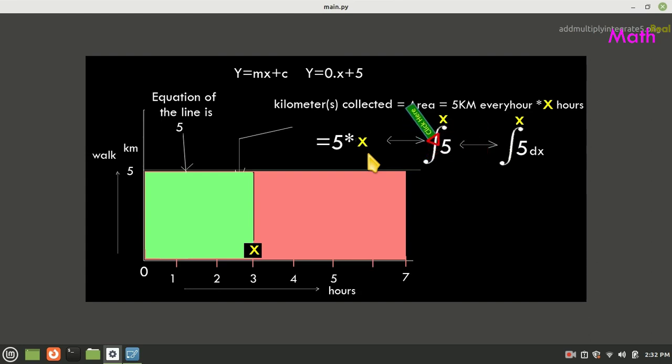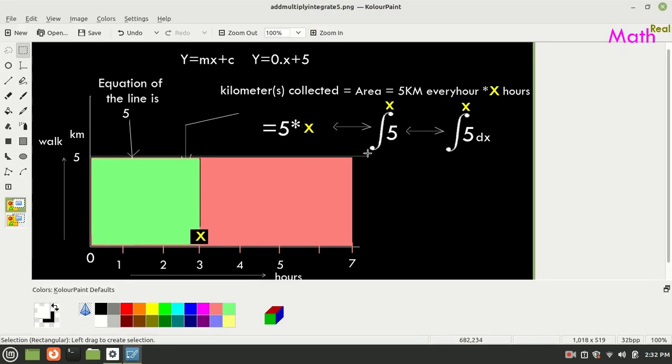So if 5 and x are there, it means there is a line whose equation is 5, and for x distance, the area needs to be calculated. 5 into x, if it is a rectangle. Same thing. This is another way of calculating the area, or we can just omit it, so that's also fine.